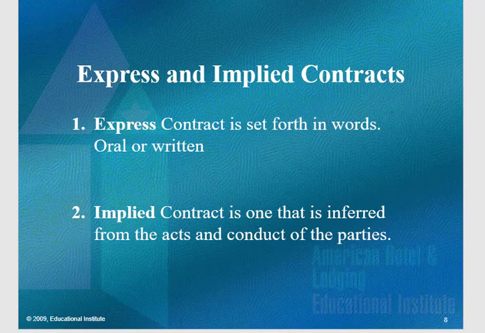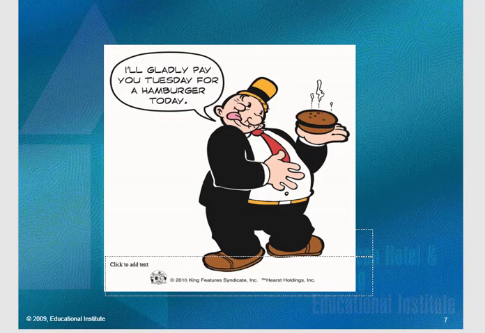Implied contract is implied by the acts or conduct of the parties, and we can talk about implied in fact or implied in law. Let's talk about, though, first of all, an express oral contract. Many of you may remember Wimpy, the Popeye character, that would say, "I'll gladly pay you Tuesday for a hamburger today." That is an offer that has been accepted because he's got the hamburger, and it is an oral express contract.